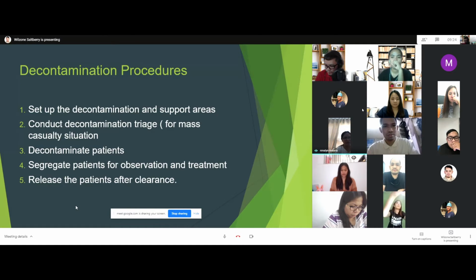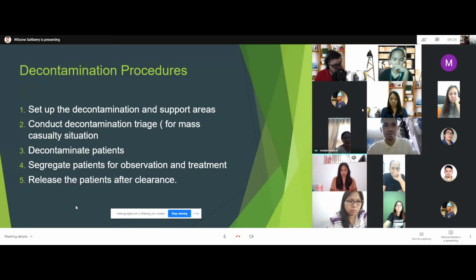Decontaminating the patient is most effective if victims first remove their clothing, since this alone may eliminate as much as 80 to 90% of all contamination. Fourth is to segregate the patient from the observation and treatment room. In this situation, we have to give priority to elderly and children, and guide them to the observation room or the primary decontamination.